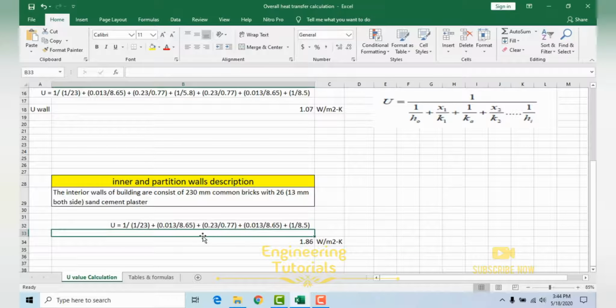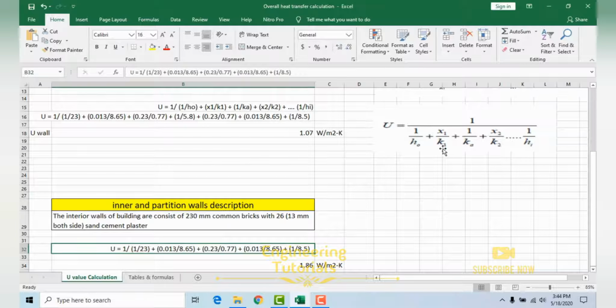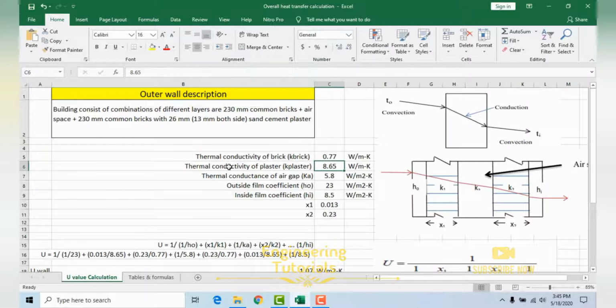One divided by 23, plus we have the cement thickness over here, that is x divided by k1. The cement thickness is 13 mm on one side and 13 mm on the other side. So convert 13 mm into meters, you will get 0.013 meter, divided by the thermal conductance of the plaster, that is 8.65.